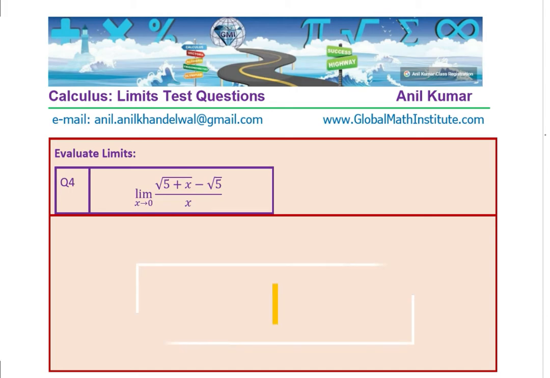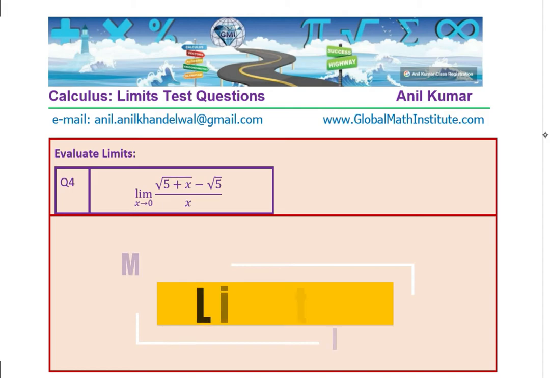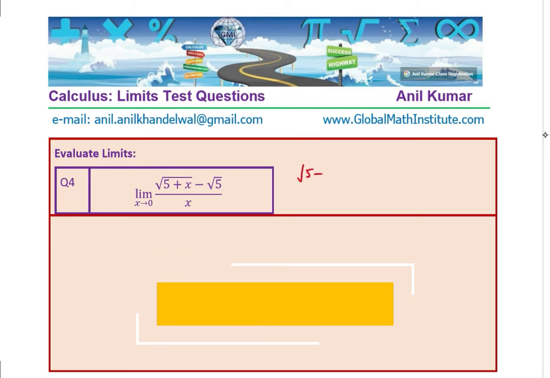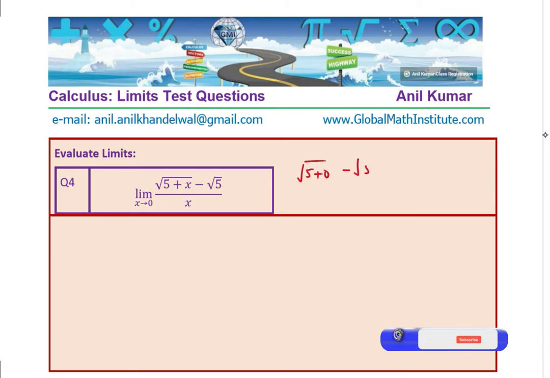Here again, if I substitute the value 0, we have to find limit x approaches 0 for square root of 5 plus x minus square root of 5 over x. Substituting 0 will mean square root of 5 plus 0 minus square root of 5 over 0, which is square root of 5 minus square root of 5 over 0, or 0 over 0.